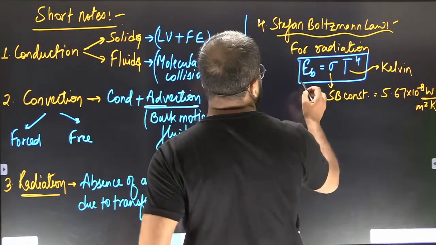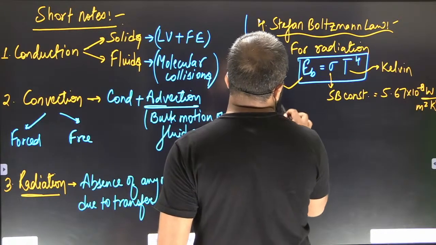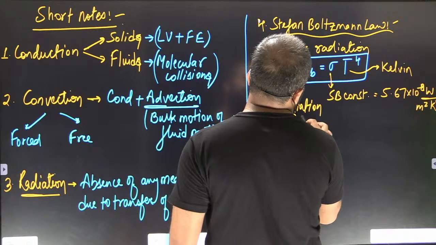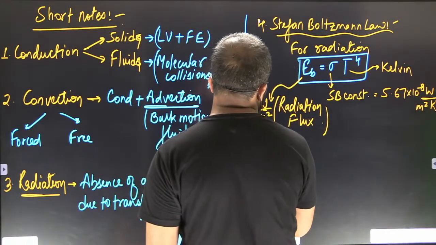E_b is in watts per meter square, that is the radiation flux. Understood, everybody? Number 5.